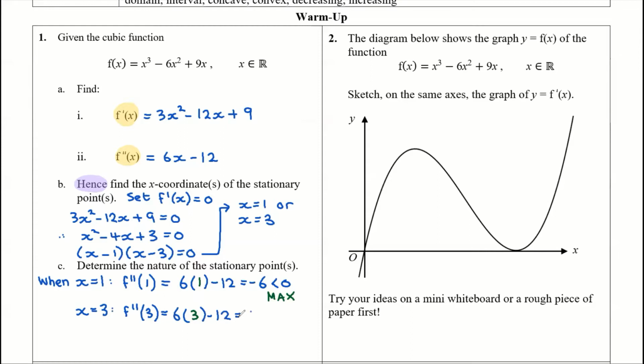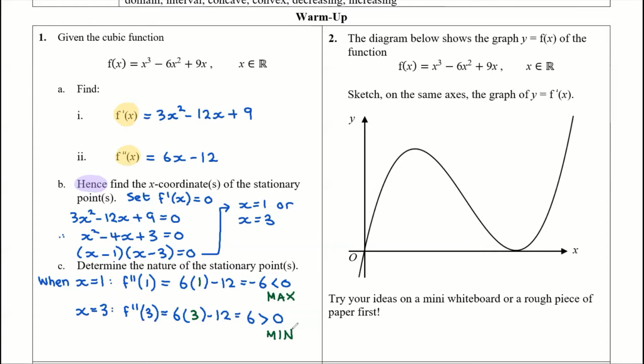Subtract 12, which is positive 6 this time, which is greater than 0. And if it's positive, almost counterintuitively, perhaps, I don't know what you think about that, that is going to be a minimum point. Okay, so we have the stationary points at x equals 1 and x equals 3. And we know that when x equals 1, we have a maximum. And when x equals 3, we have a minimum.